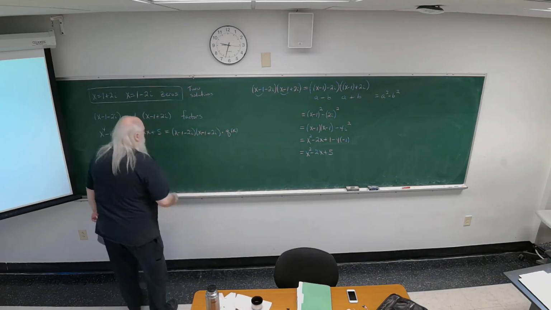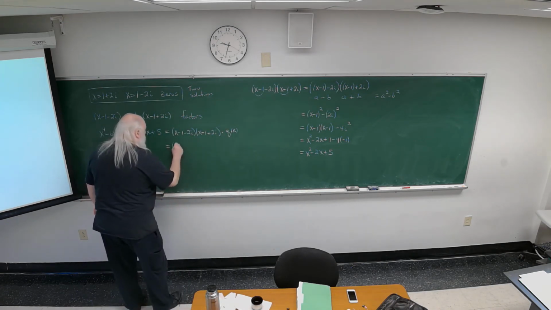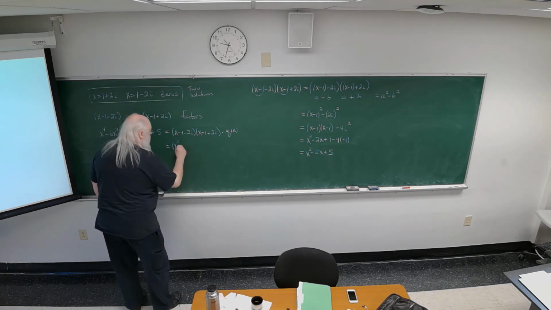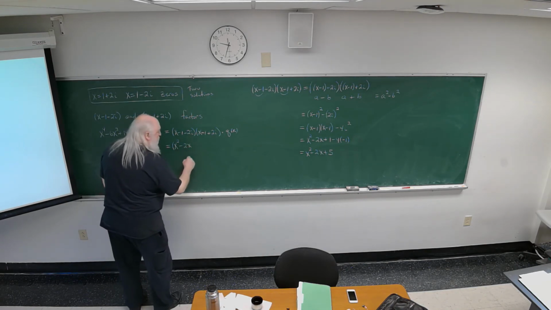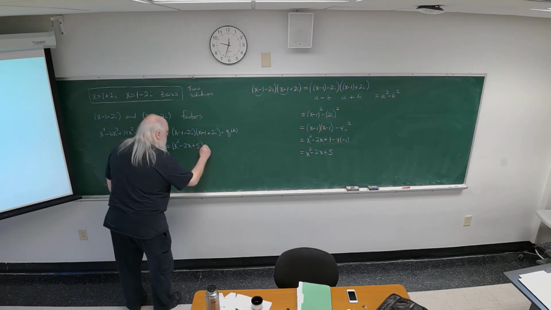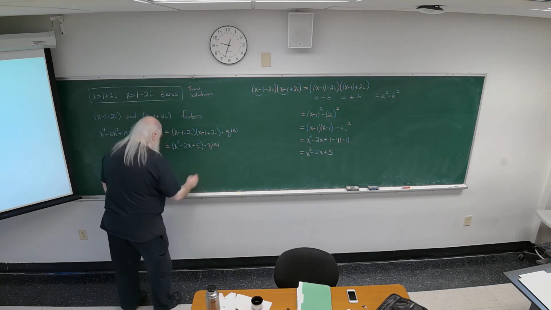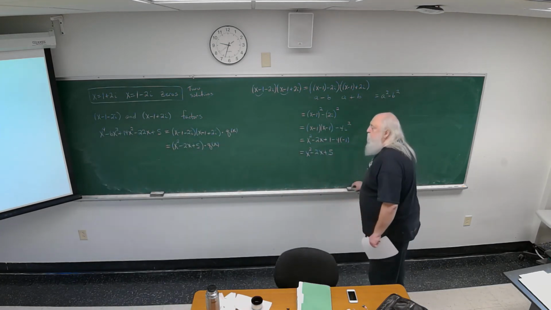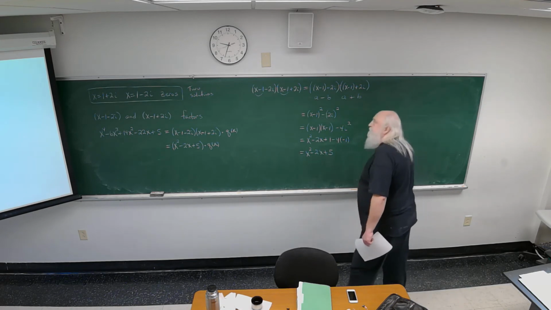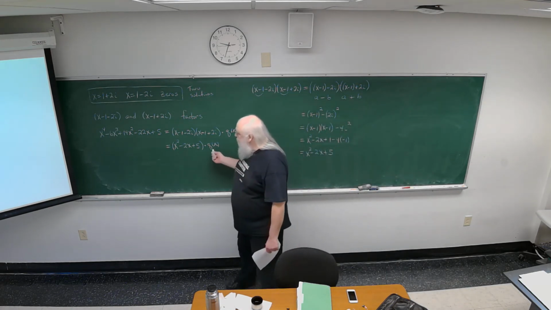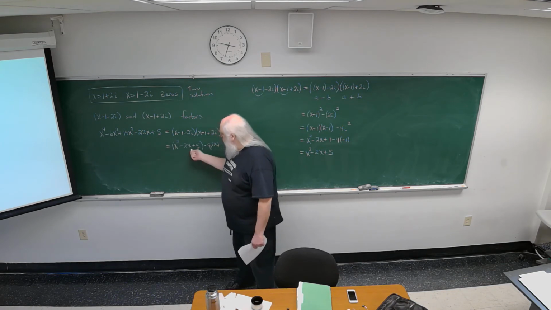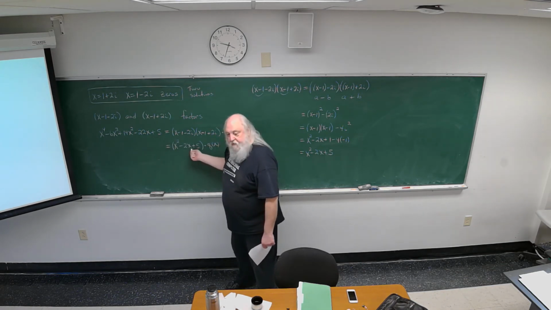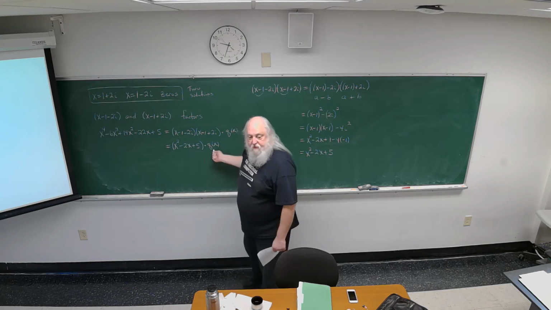This product is equal to x squared minus 2x plus 5 times our unknown quadratic. So to figure out what q of x is, right, what the quadratic is, we have to divide this 4th degree polynomial by this quadratic.